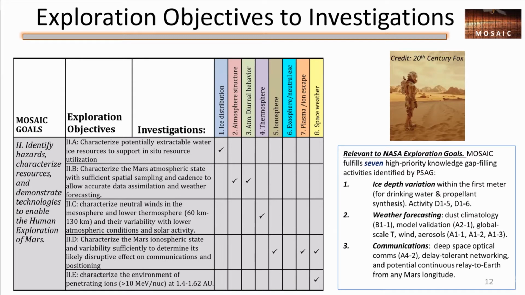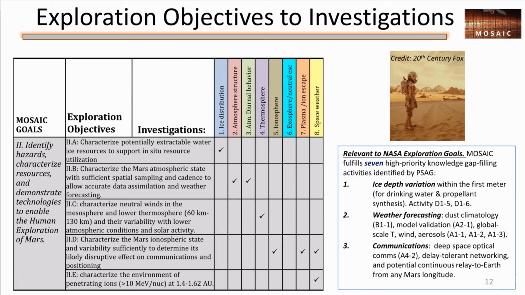As both Clive's presentation and also Wendy's have shown, there's additionally significant exploration relevance to the MOSAIC investigations here. And so our goal is to identify hazards, to characterize resources, and to demonstrate technologies to enable the human exploration of Mars. And here we have a few different objectives.